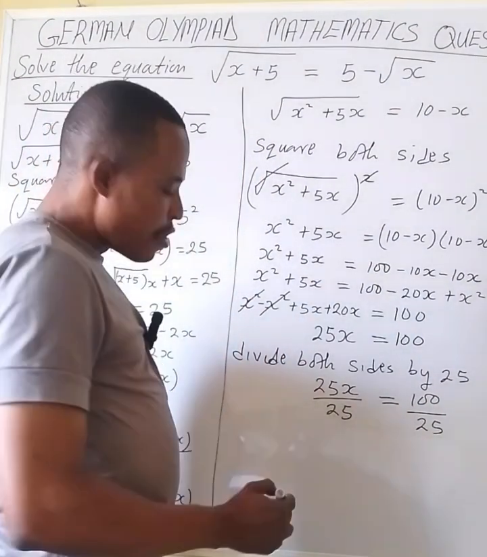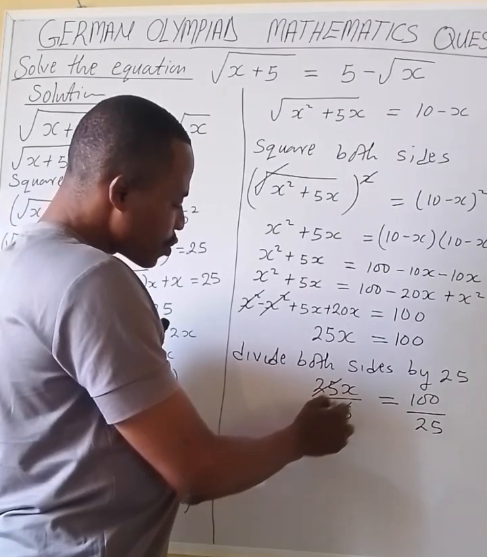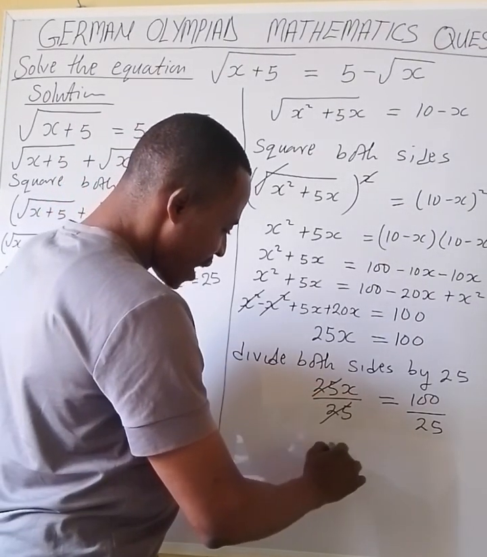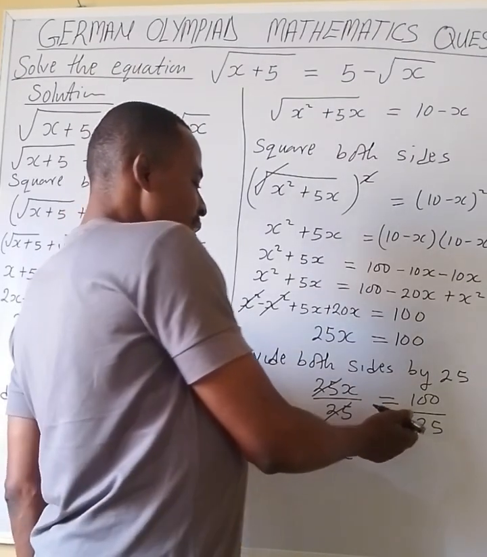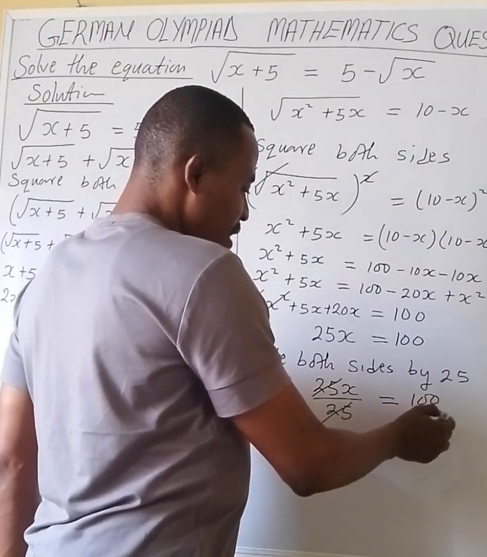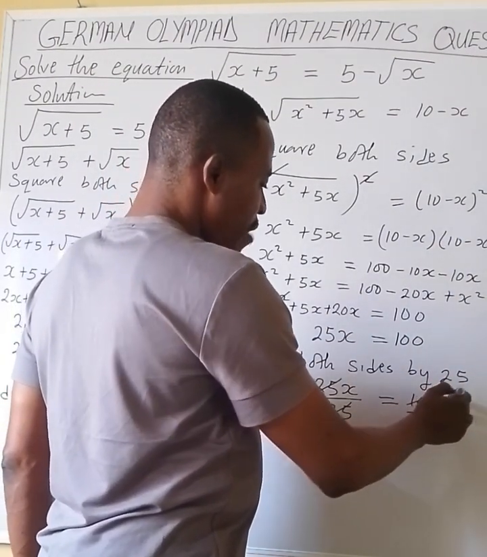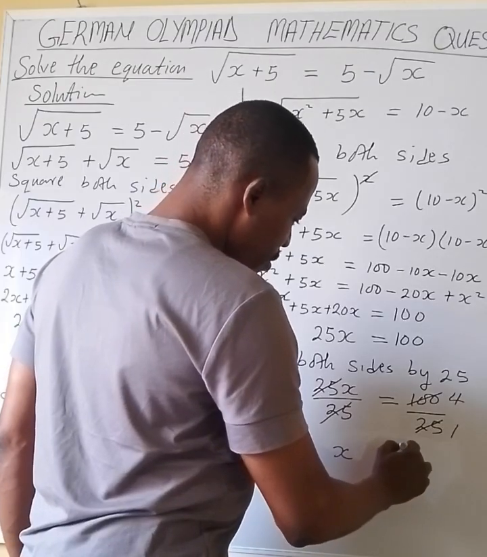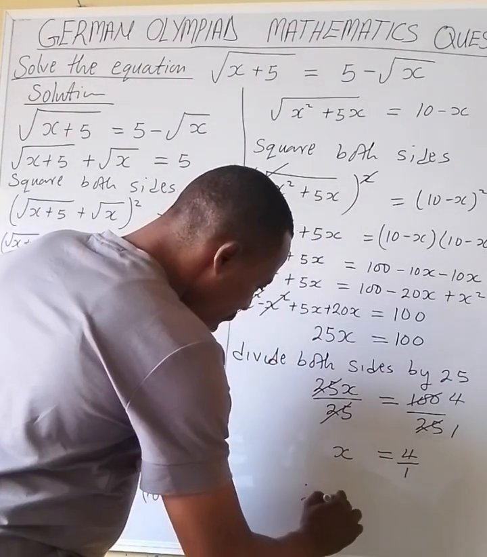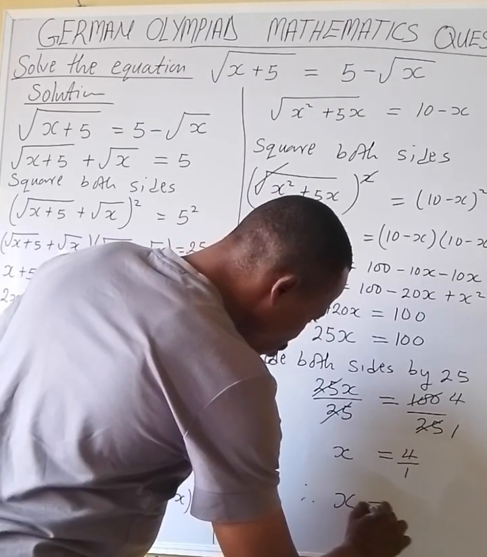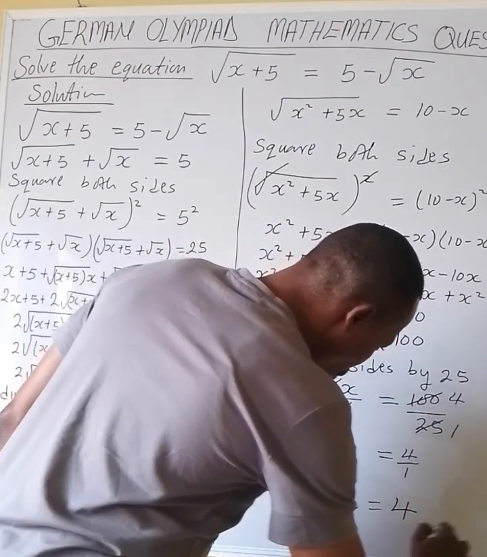With what we have on the board, 25 cancels 25, we are left with x equals, how many times can 25 go into 100? 25 here 1, 25 here 4. So we have 4 over 1. Therefore, our final answer equals 4.